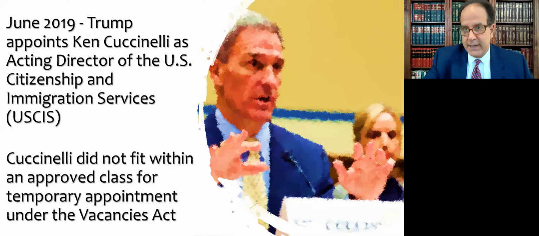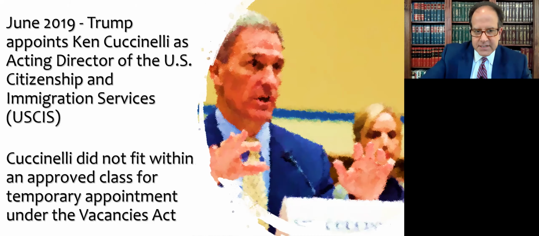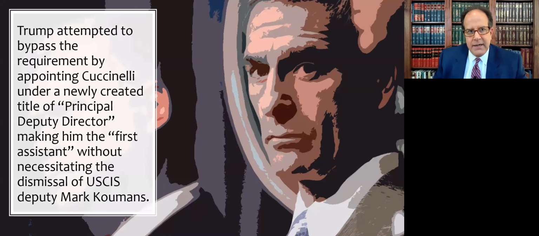A lot more media attention and litigation surrounded Ken Cuccinelli, who was made the acting director of the United States Citizenship and Immigration Services, or USCIS. Cuccinelli did not really fit within an approved class for temporary appointment under the Vacancies Reform Act.